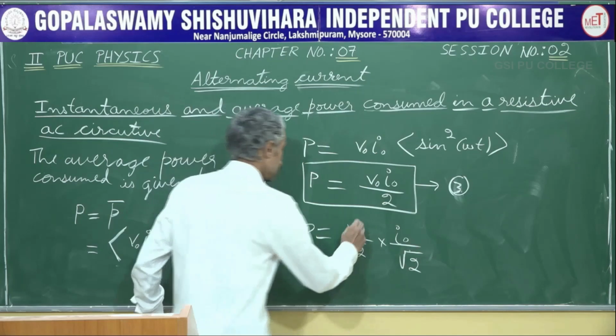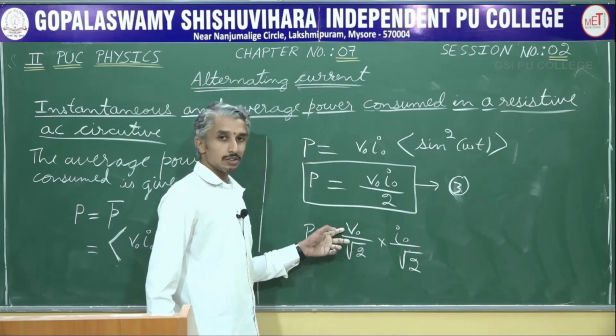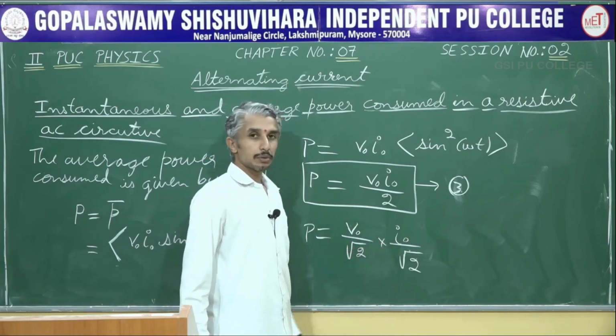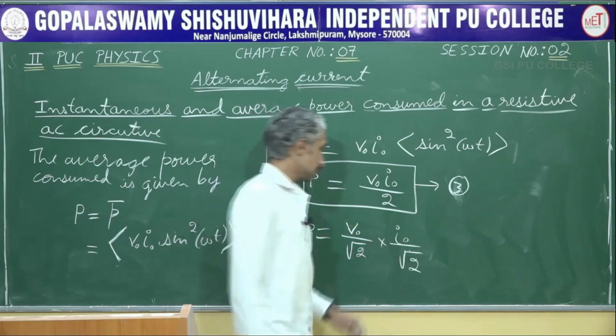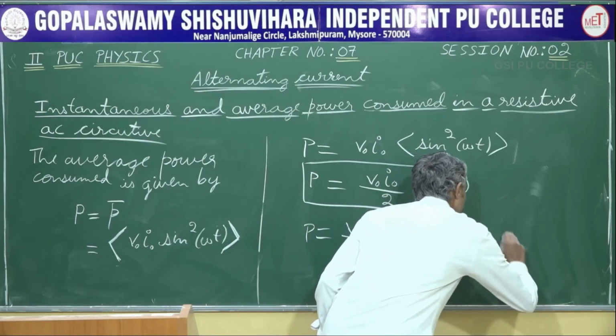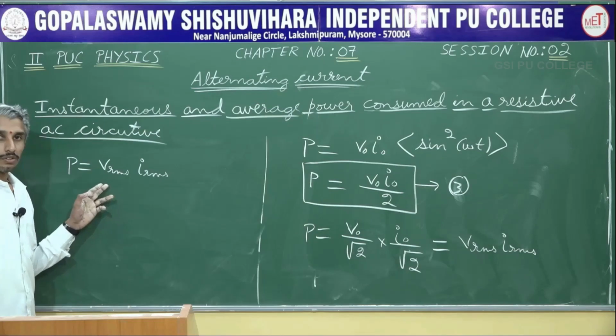If you remember, V naught by root 2 is nothing but the RMS value of the AC voltage. Similarly, I naught by root 2 is nothing but the RMS value of the AC current or the alternating current. I can write this as V RMS into I RMS.